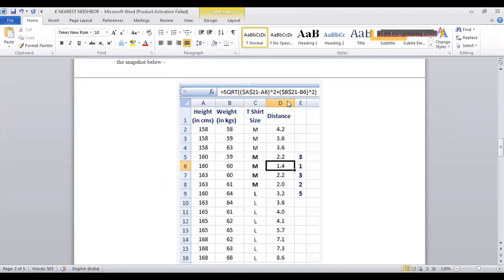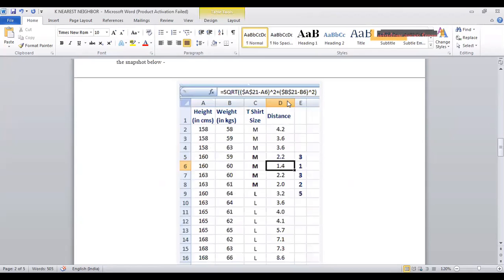You have to take 2.2 as two separate distances, so it becomes 5 distances in total. The first smallest distance is 1.4, the second is 2, the third and fourth are 2.2 and 2.2, and the fifth is 3.2. So these are the 5 nearest neighbors for the new data point.